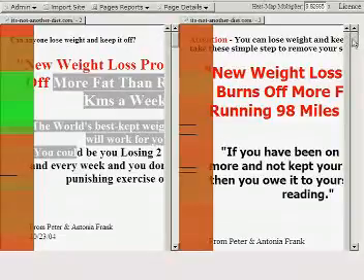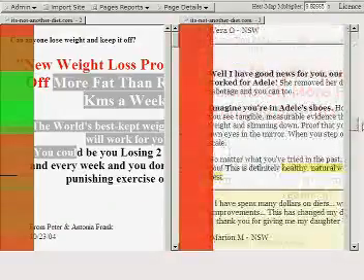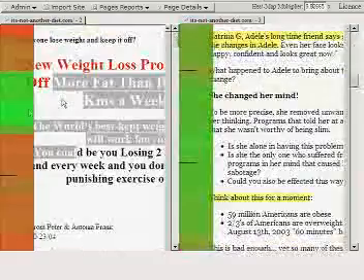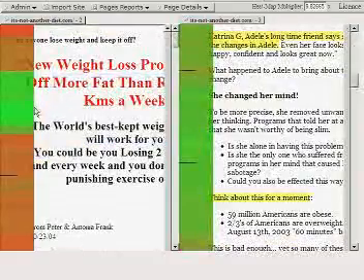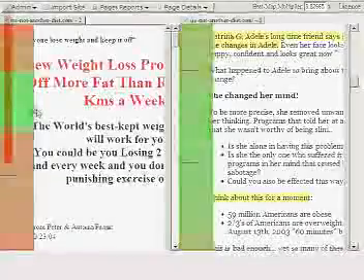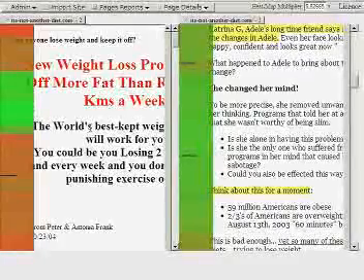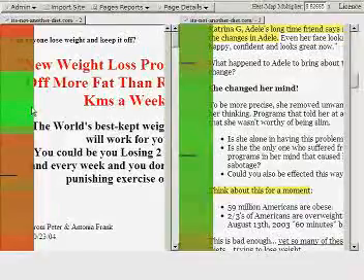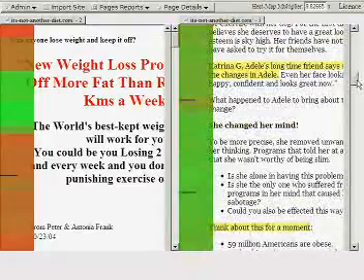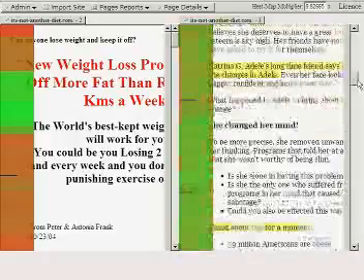So therefore it has multiplied both graphs by the same multiplier, which is 9.8, so that we are comparing apples with apples. So when we look at these two pages, we can tell that this section here, next to the KMS a week, green on the left hand side, just above the world's best kept weight loss, was read more than this green section that you can see on the right hand side, because we're comparing like with like.